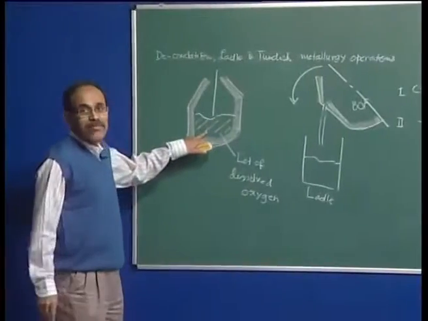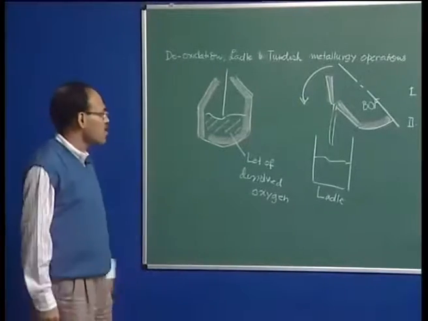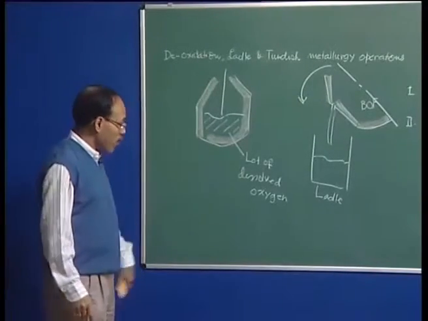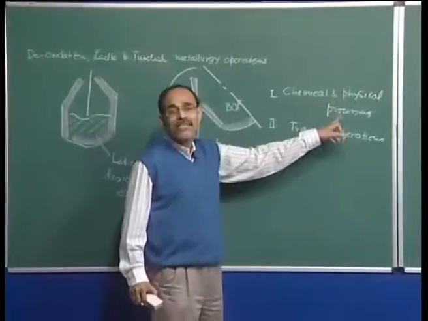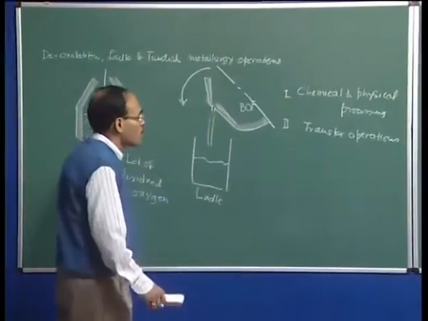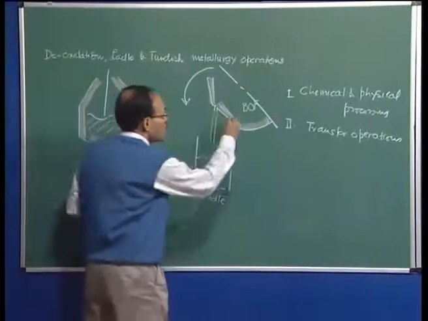So the steps that we carry out in a BOF vessel or an electric arc furnace or an oxygen steel making converter such as an EOF, energy optimizing furnace, we will classify those as chemical and physical processes, where we change the composition.